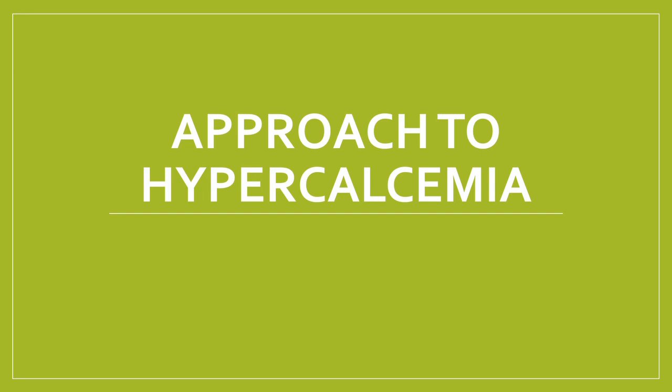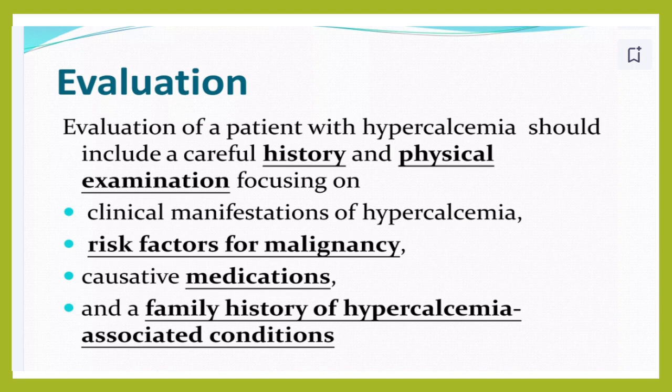In today's class, let us discuss how we approach a case of hypercalcemia. You all know that whenever a patient has hypercalcemia, there are various causes, which we have discussed in our previous classes. To evaluate the cause of hypercalcemia, we will have to take a careful history of the patient.